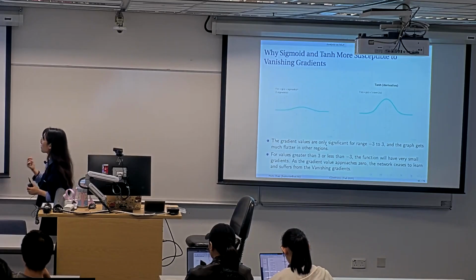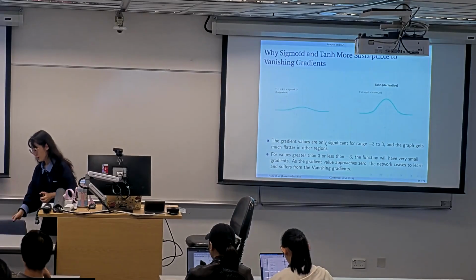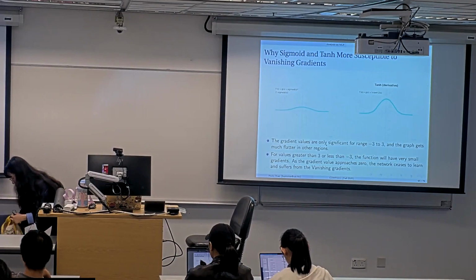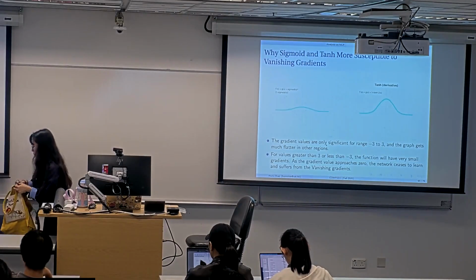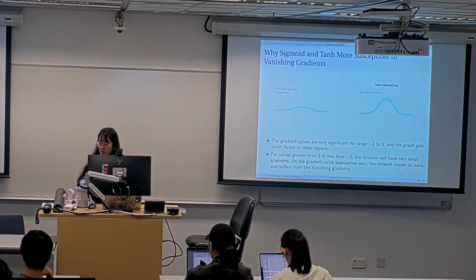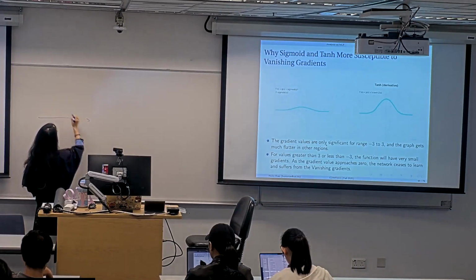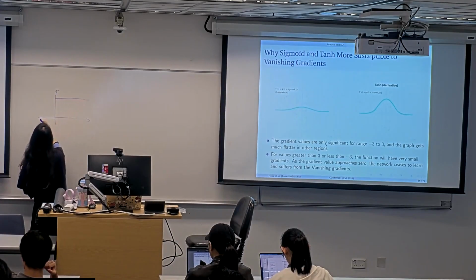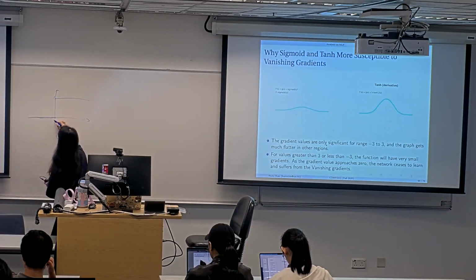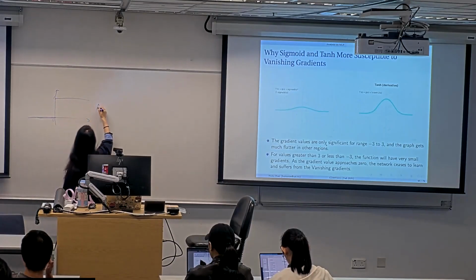If you still remember the ReLU's derivative, maybe we can just draw it. It's on a previous page in the lecture notes. So the ReLU's gradient is something like this. This is 1.